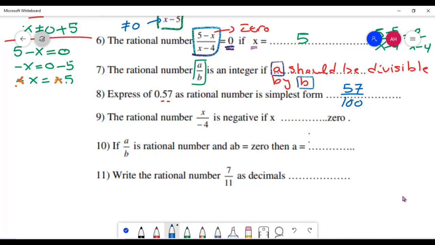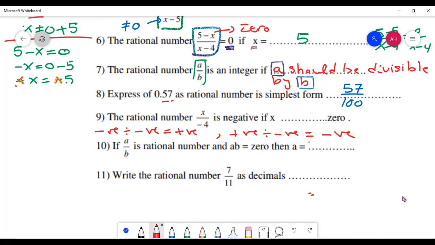Number 9: the rational number x over negative 4 is negative if x... Here I want to find the relation between x and 0. Let's remember what we studied before in primary 6: a negative number divided by a negative number gives a positive number, and a positive number divided by a negative number gives a negative number.